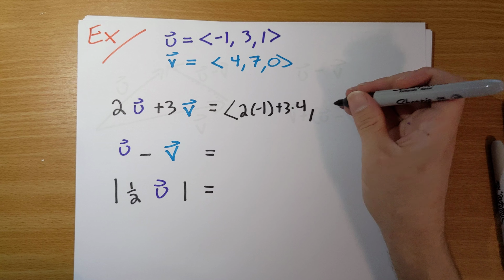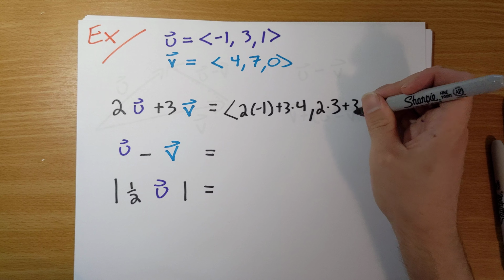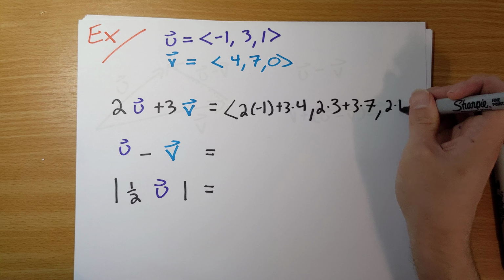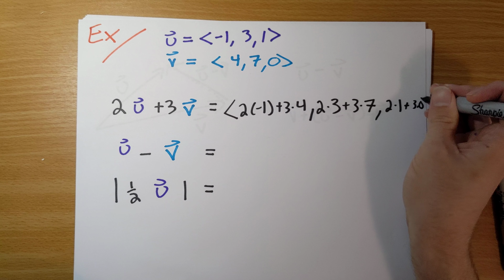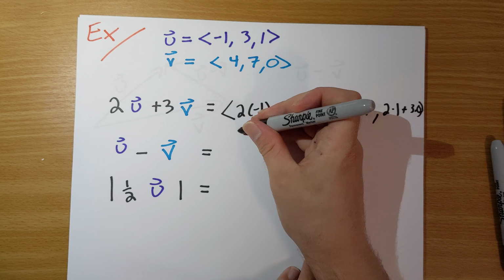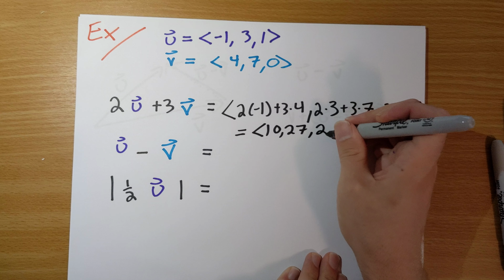The second component would be 2 times the second component for u plus 3 times the second component for v, so 2 times 3 plus 3 times 7. And the third component is 2 times 1 plus 3 times 0. And this crunches out as (10, 27, 2).